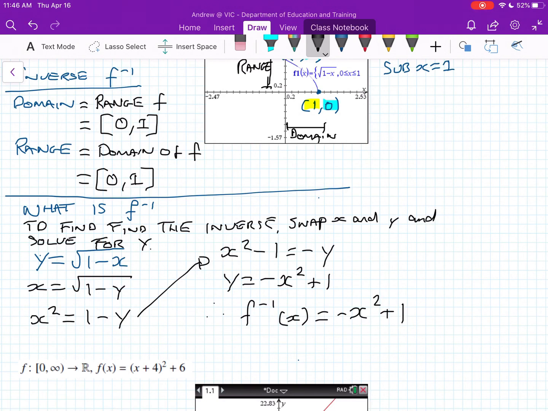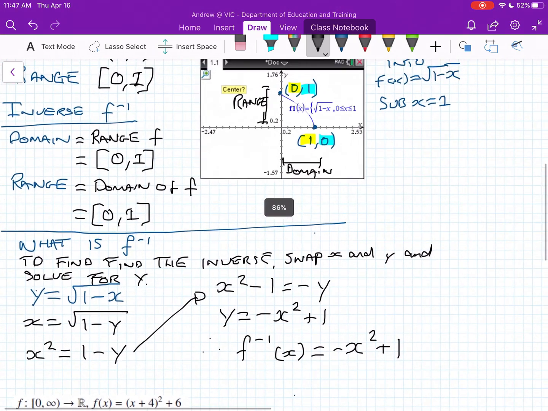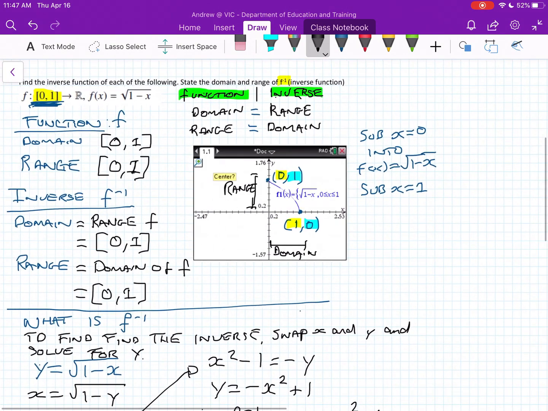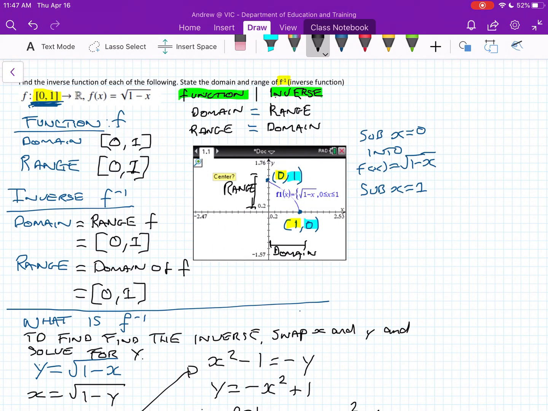Okay, so that's how you find the domain and range of inverse functions. It's always good to have a quick graph of them when you are finding your domain and range. Okay, if you don't know what exactly the graph looks like, use this method by subbing in those values there. Okay, so just be familiar with that process, and hopefully this allows you to be confident in working these.